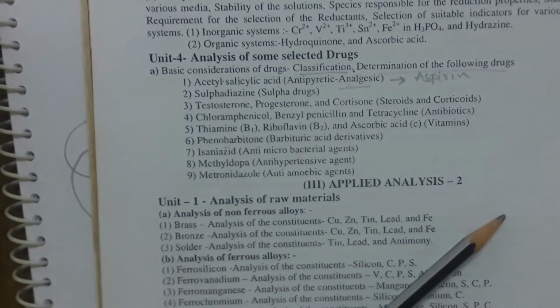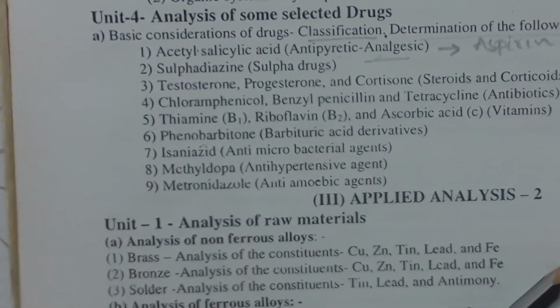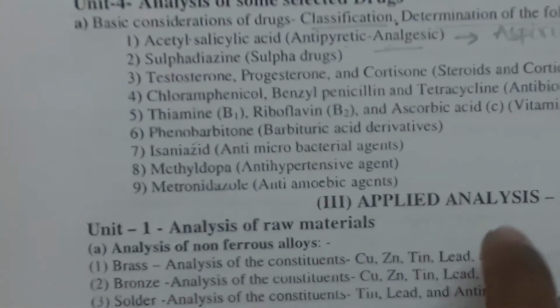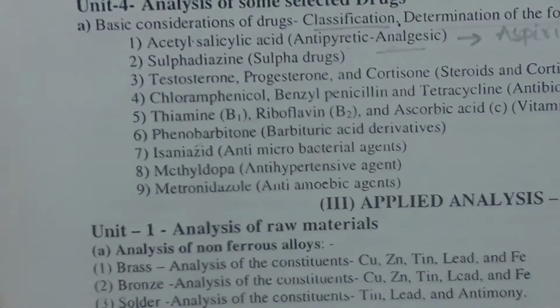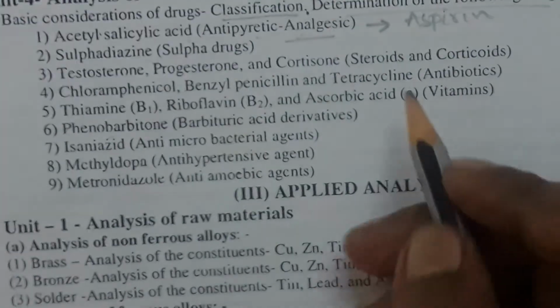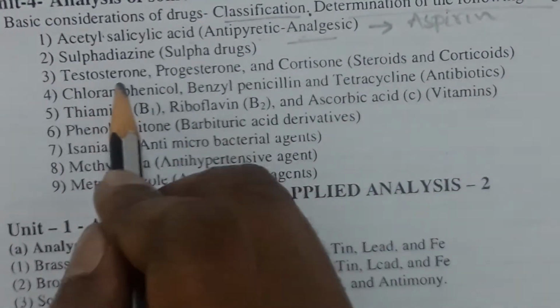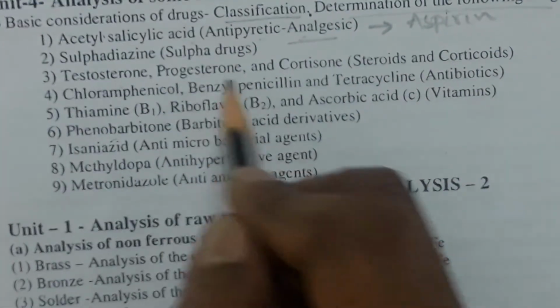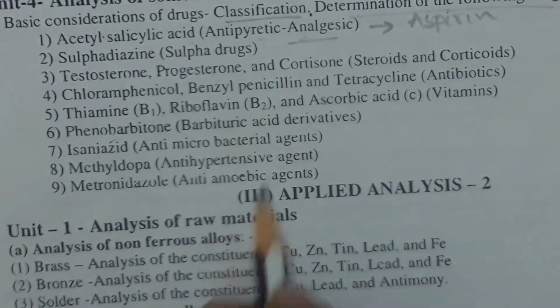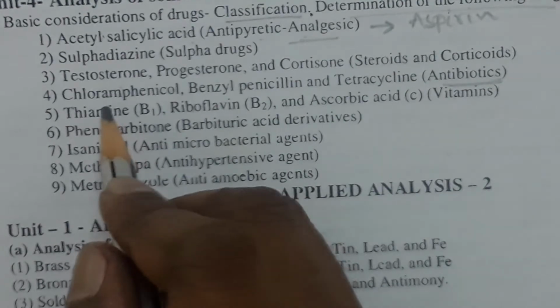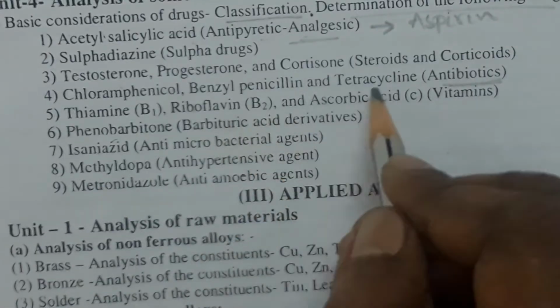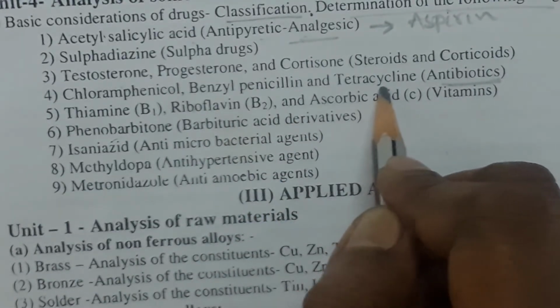Next, sulfa drug, like sulfadiazine. Next, some steroids and corticoids: testosterone, progesterone and cortisone. Next, some antibiotics like chloramphenicol, benzyl penicillin and tetracycline.